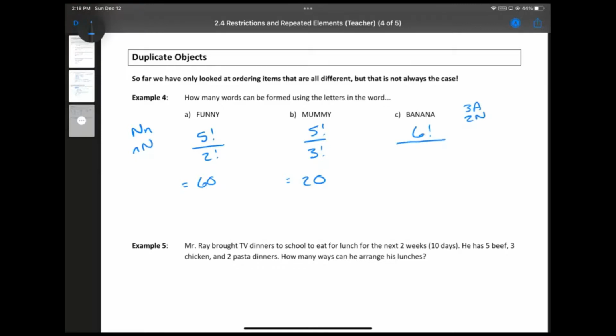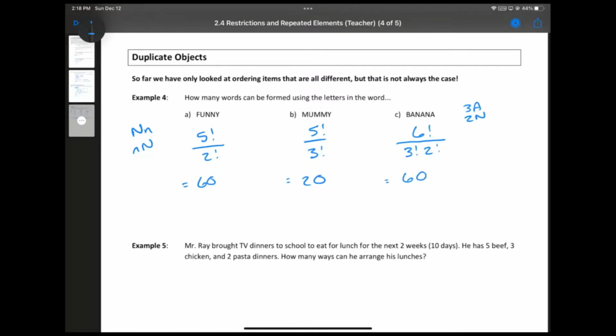The 3 A's can be arranged in 3 factorial ways. The 2 N's can be arranged in 2 factorial ways. And then from there, we can just do 6 times 5 times 4 divided by 2. 6 times 5 is 30, times 4 divided by 2 is 60, I believe.